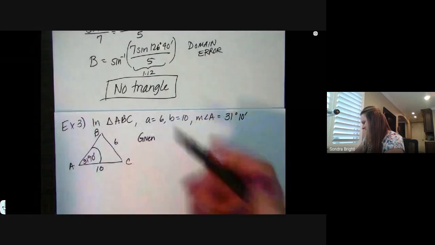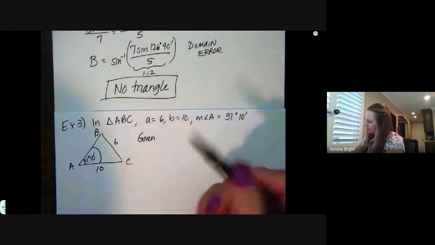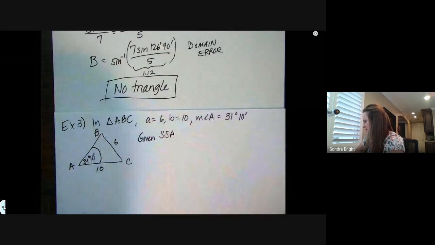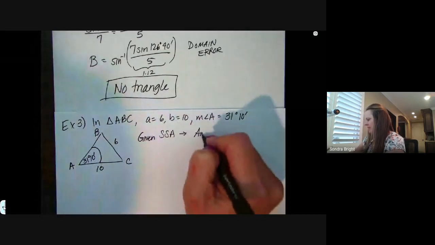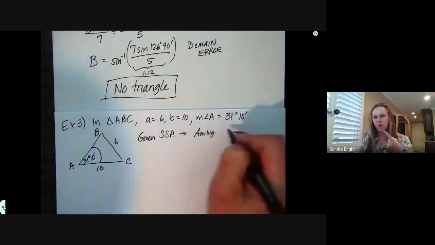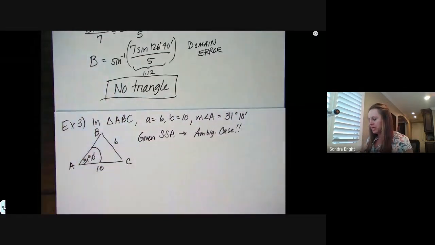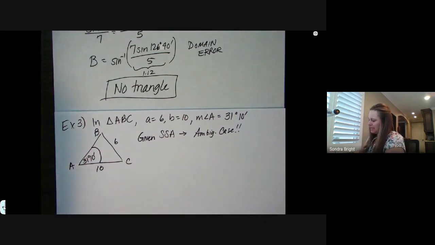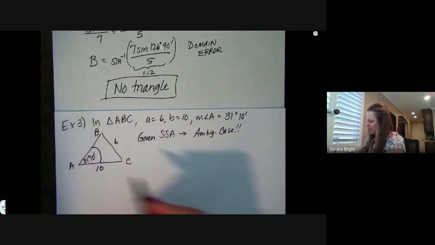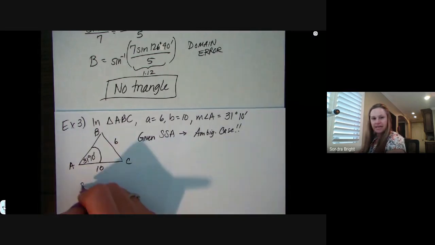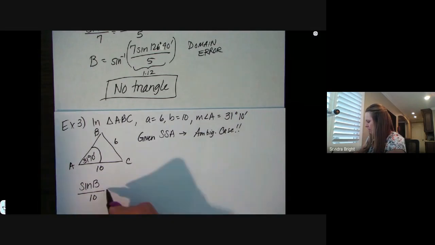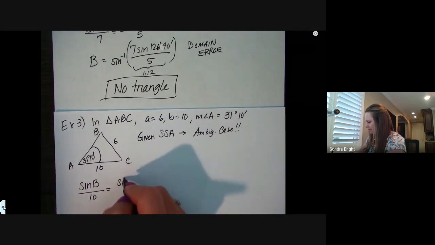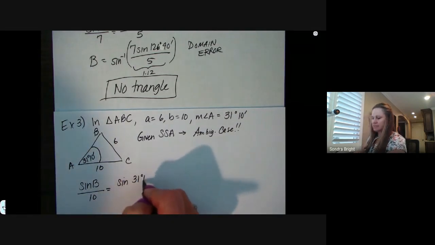All right, given side, angle, you're going to use law of sines, but it's the ambiguous case, so beware. You could have 1, 2, or no triangles. So let's start by finding angle B. Sine of angle B over 10 is equal to sine of 31 degrees 10 minutes over 6.